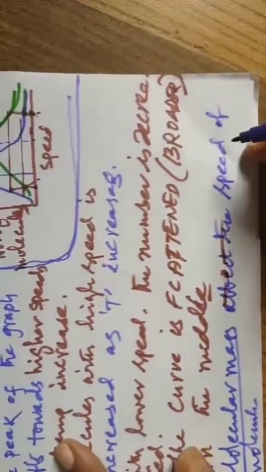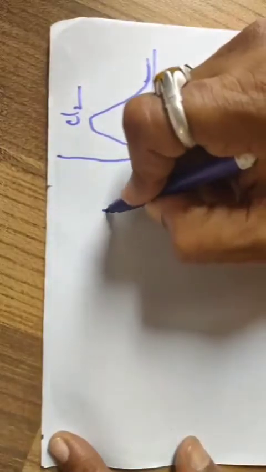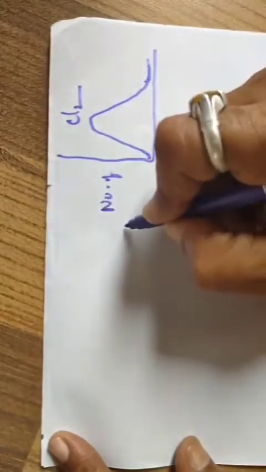Take a graphical representation in this case. As usual, this is the graph related to chlorine. It is the number or fraction of molecules on the y-axis, and speed is taken on the x-axis.